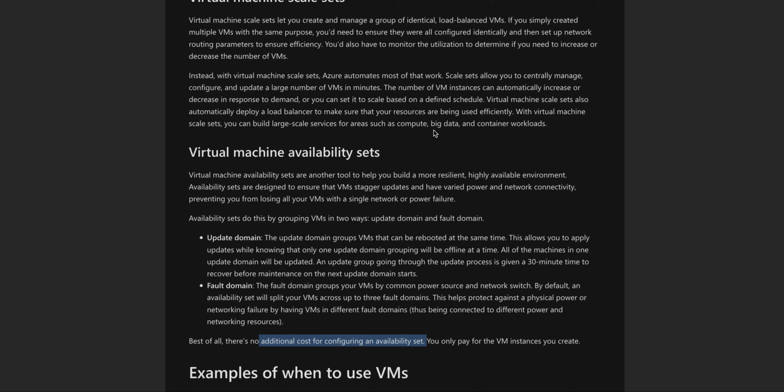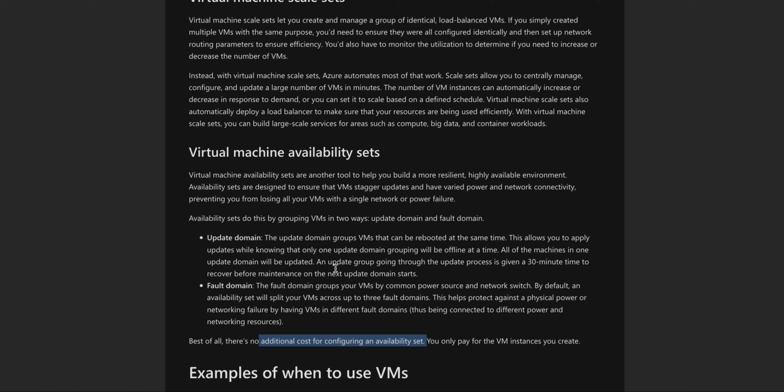Update domain, again, you're grouping VMs, but you're grouping based on their maintenance schedule, like when it will reboot. We know that at any given point of time there's only one update domain that will be offline, because we are spreading it across 30 minutes, right? 30 minutes for one update domain, and it's spreading it across.